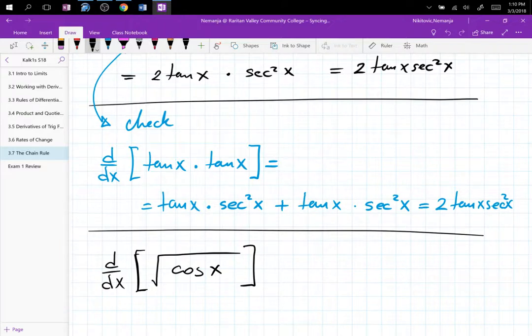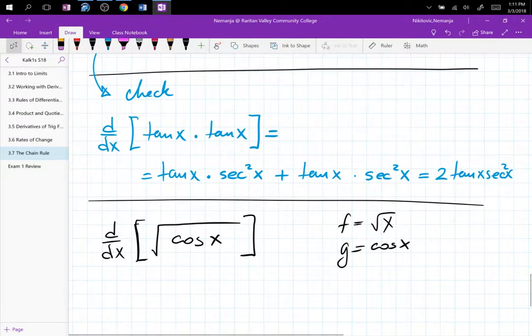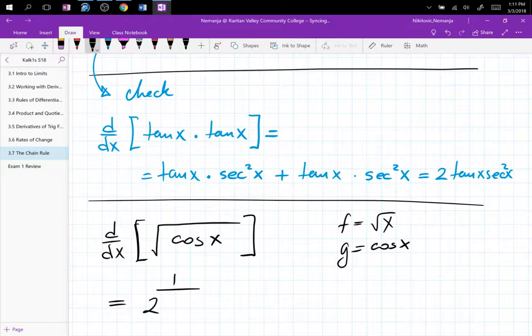So what do we have for this one? What is f? Square root of x. And what is g? Cosine x. Great. So now what do we have? Where do I start? What's the first thing? 1/2. Okay, good. So 1/2 and square root of x.